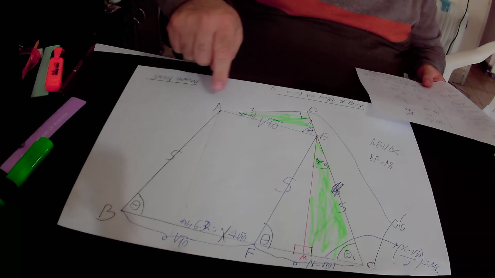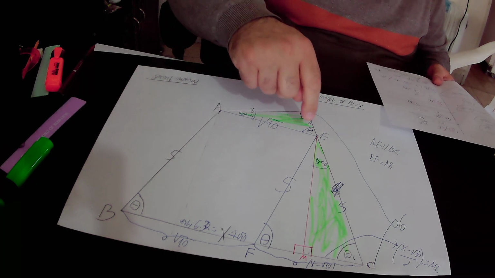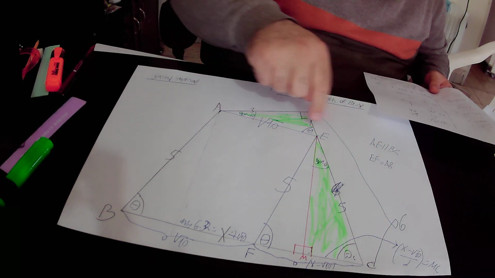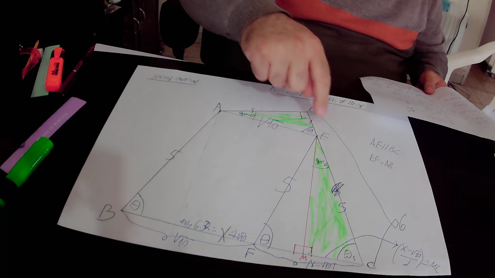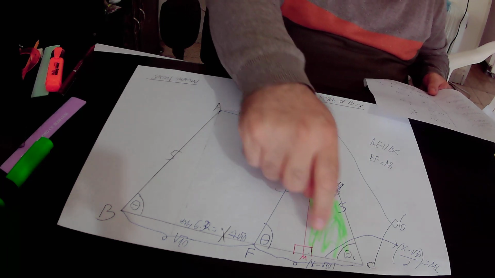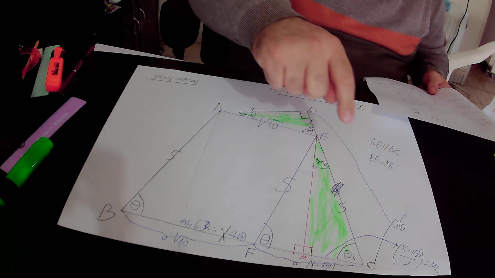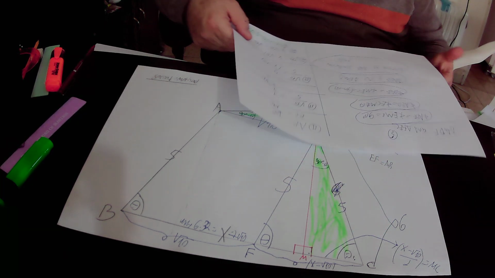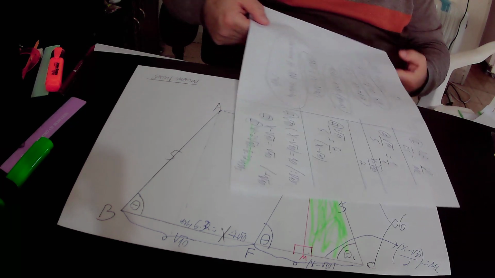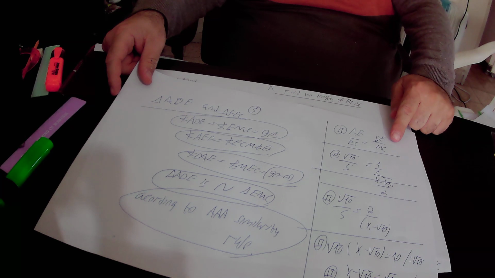AE over EC equals DE over MC. Again, AE over EC equals DE over MC. Okay, going to equation number 2: AE over EC equals DE over MC.